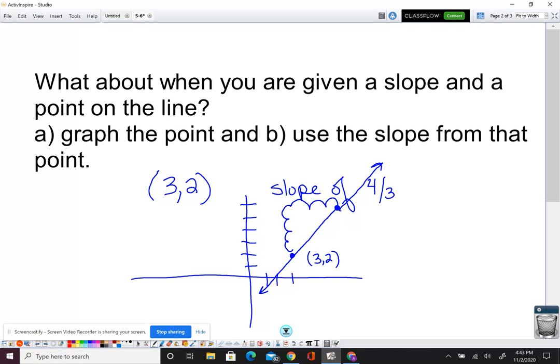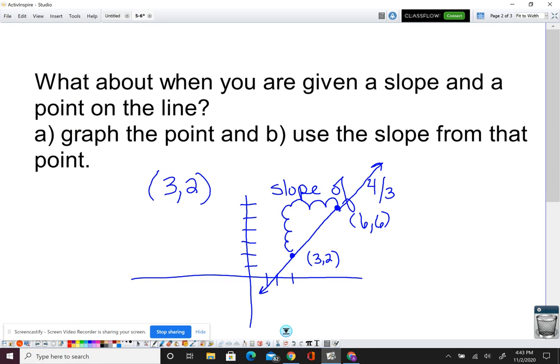The coordinates of this new point are (6, 6). We went up 4 units from 2, and 3 units from 3, to get 6, 6.